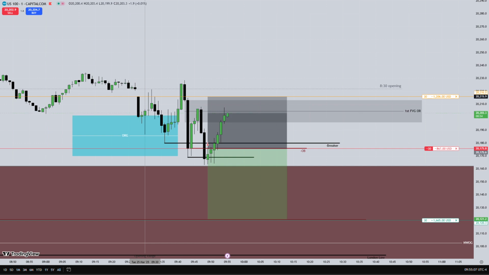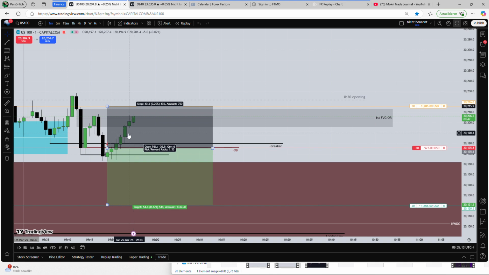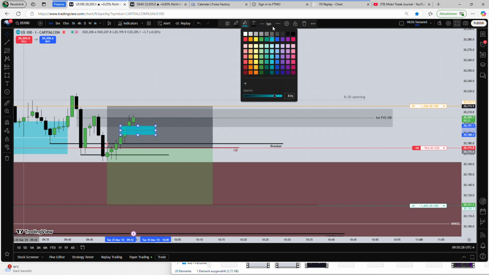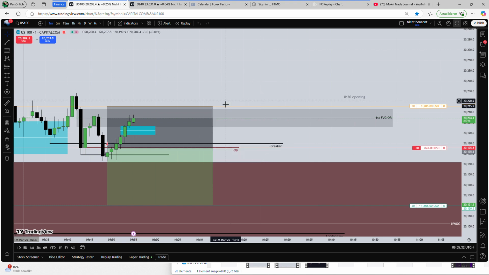So now I want to see if price trades to this BISI that just formed and starts to trade higher, or if it's going to close below this fair value gap and use it as an inversion. So I want to see a close below this one, and then price eventually use it as an inversion to start going lower. This is what I want to see right now in price action.